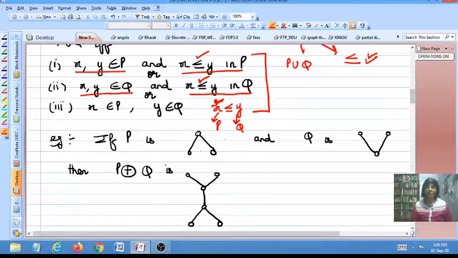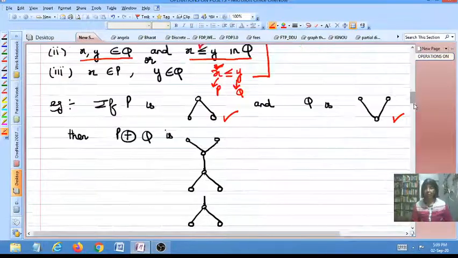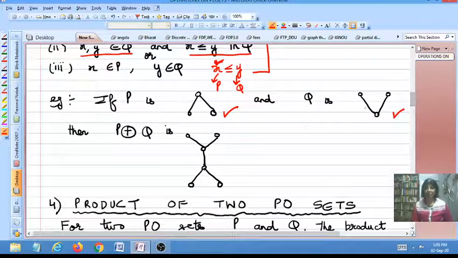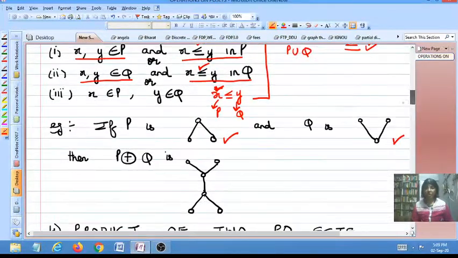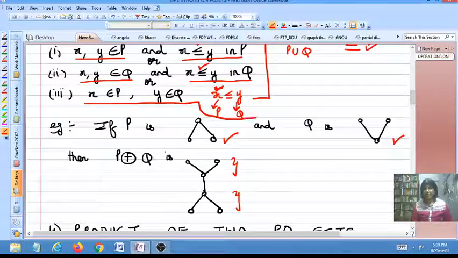So this means that when we are drawing the Hasse diagram for P linear sum Q, if this is the Hasse diagram for P and this is the Hasse diagram for Q, of course you have to draw P and Q. This part is showing P, this part is showing Q, but because of the third condition, we are saying that the elements of P should be on the left and the elements of Q should be on the right.